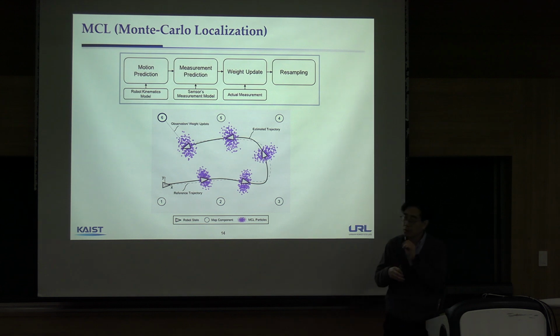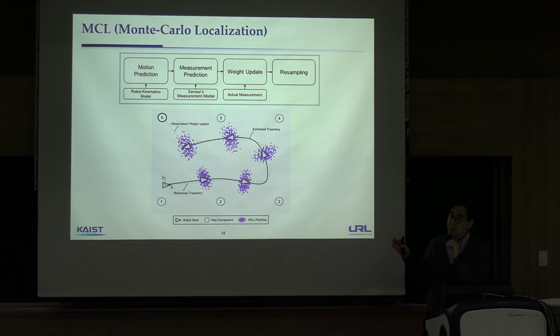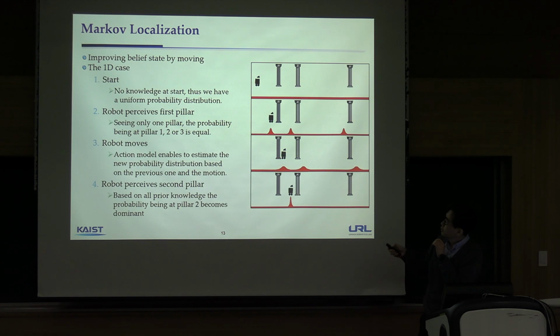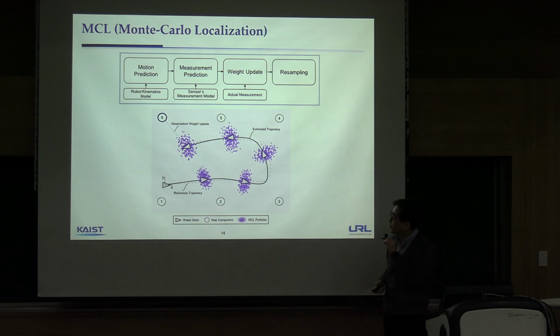That means we use a set of particles to approximate the probability distribution. Rather than describing the probability using continuous variables, we can introduce discrete variables using a set of particles, and their probability will be updated over time. Then it will be time efficient and very fast.